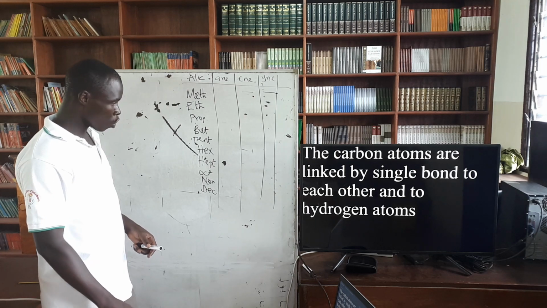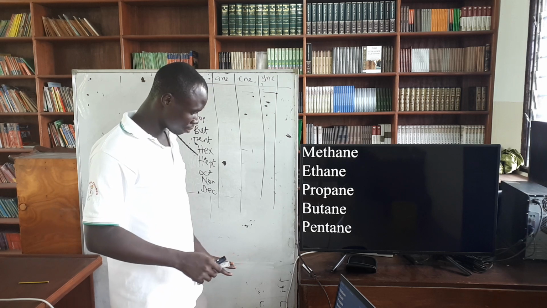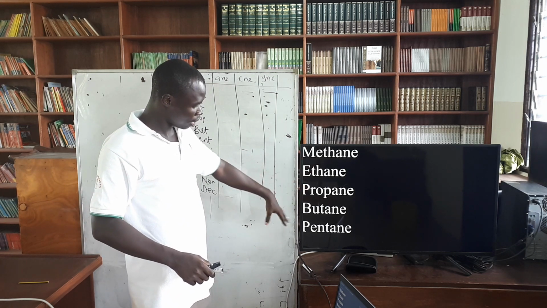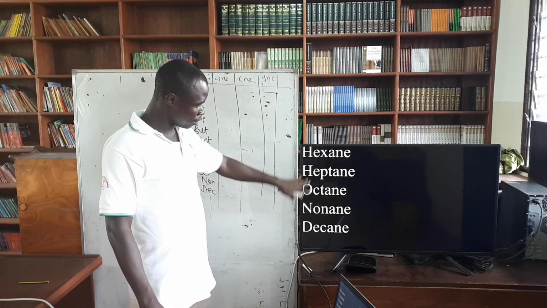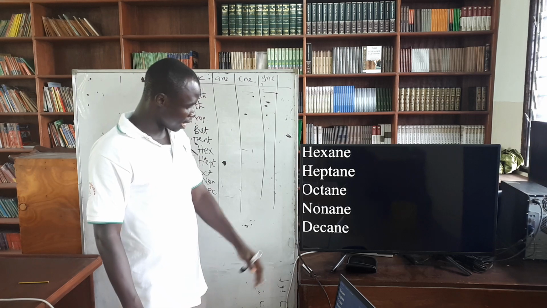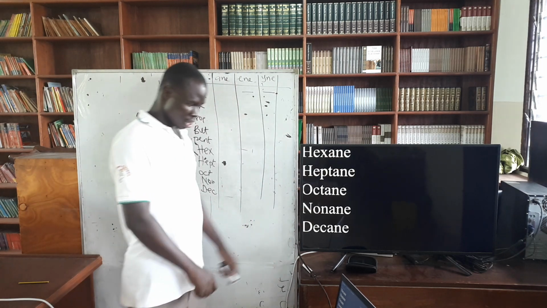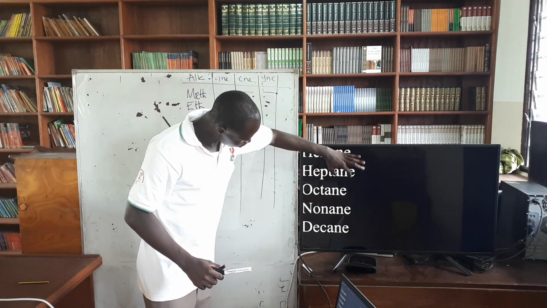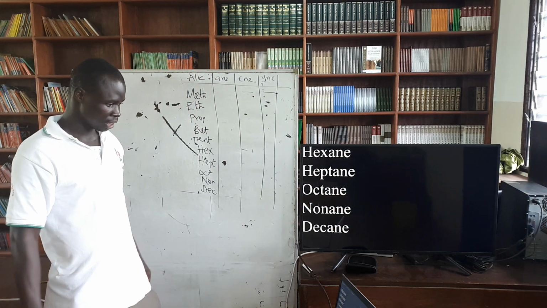Just to show you, for the alkanes, we have methane, ethane, propane, butane, pentane, hexane, heptane, octane, nonane, and decane. If you realize, the last part is just the same, ane.